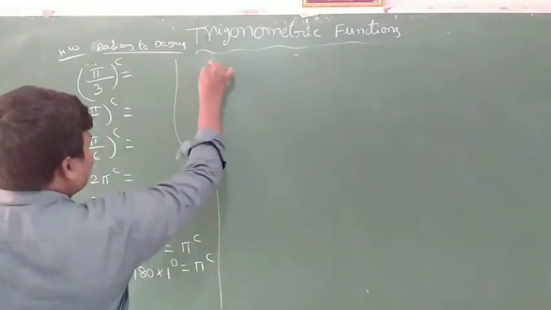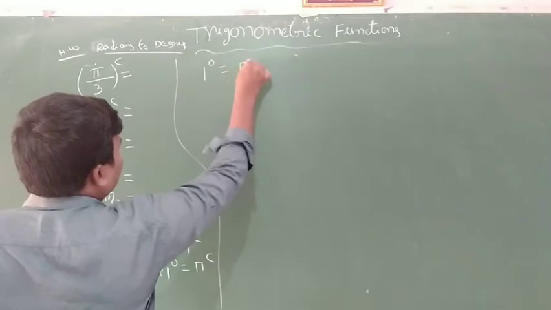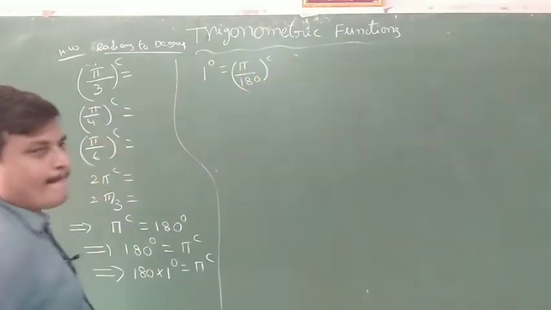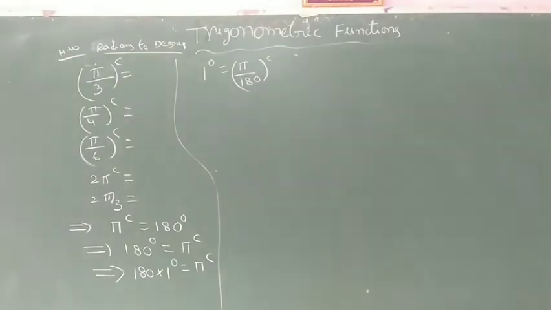So 1 degree is equal to pi by 180 radians. When radians are given, convert into degrees by multiplying by 180 by pi. When degrees are given, convert into radians by multiplying by pi by 180.